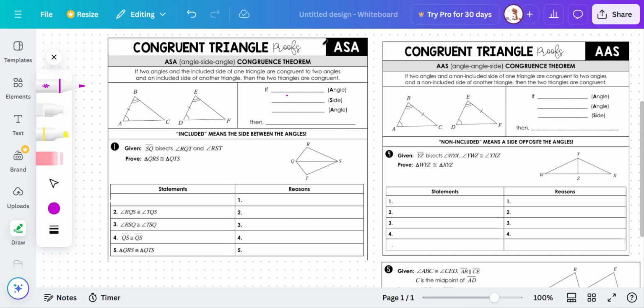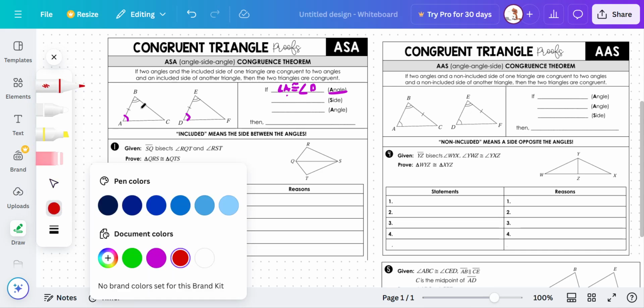Angle, side, angle is when we have 2 angles that are congruent and the side in between that matches. So we need an angle. Here we see we have angle A and angle D are congruent. We have a side.